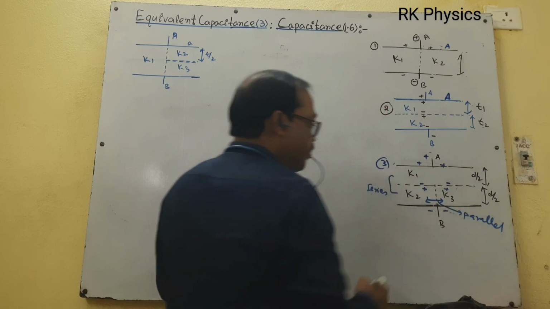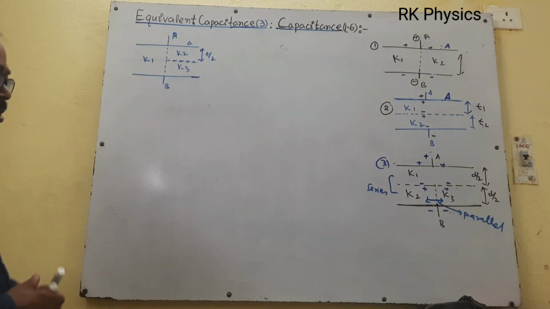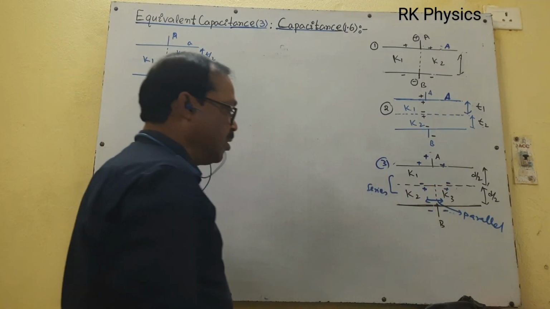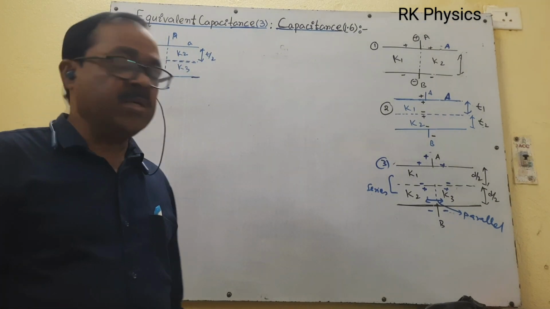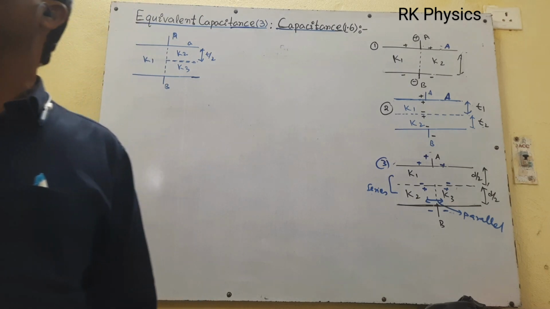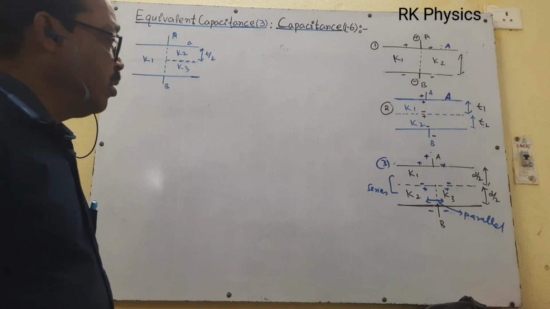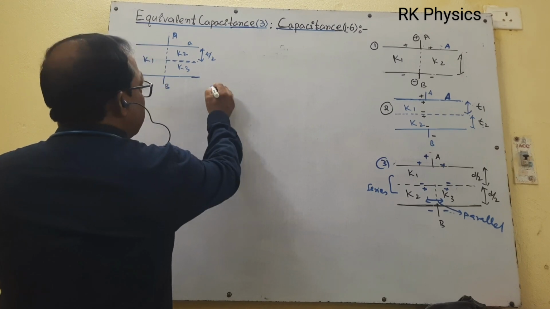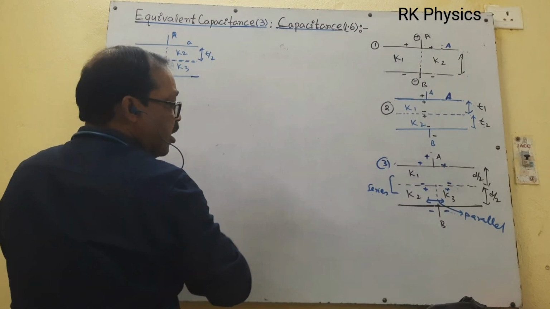That is, medium K2 and K3. These two capacitors where the medium K2 and K3 is present are in parallel, and K2 K3 along with K1 are in series. So now you take the equivalent diagram for figure 3.